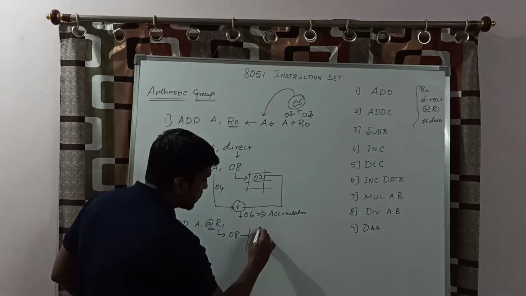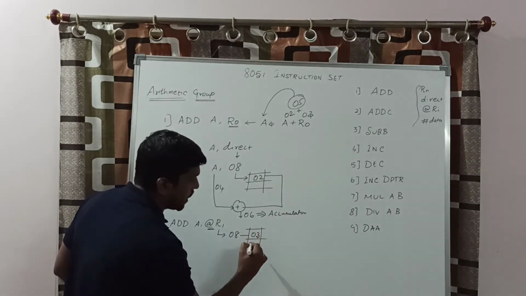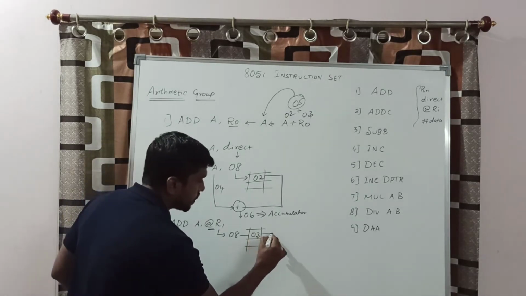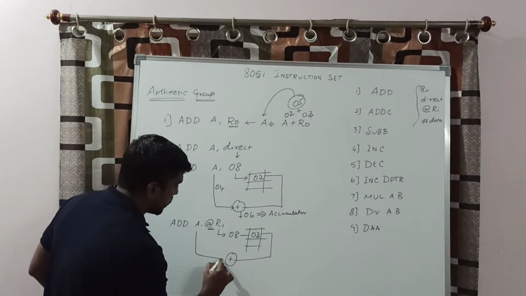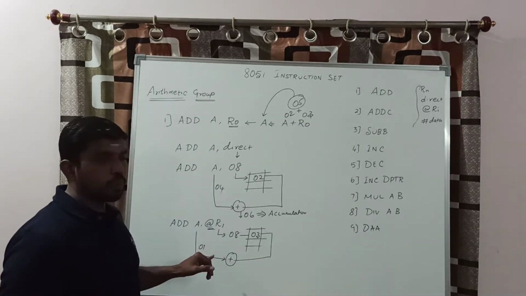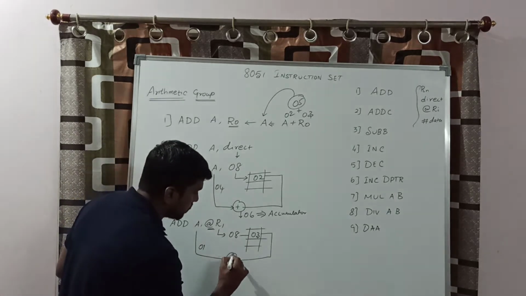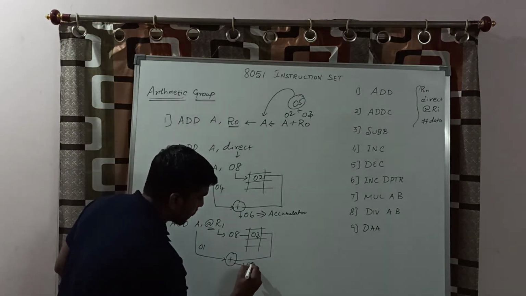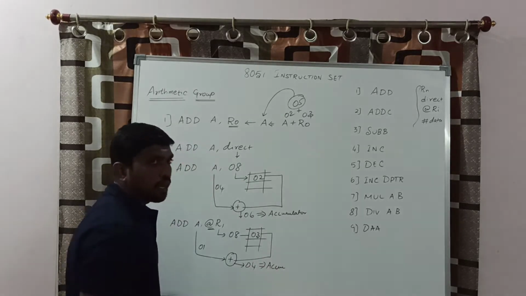This 08 is a memory location, and in this memory location the data is 03. This content is summed with whatever value is present in the accumulator. Now the accumulator content is 01. This 01 is summed with the memory location content 03. The final result is 04, and this content is stored in the accumulator.